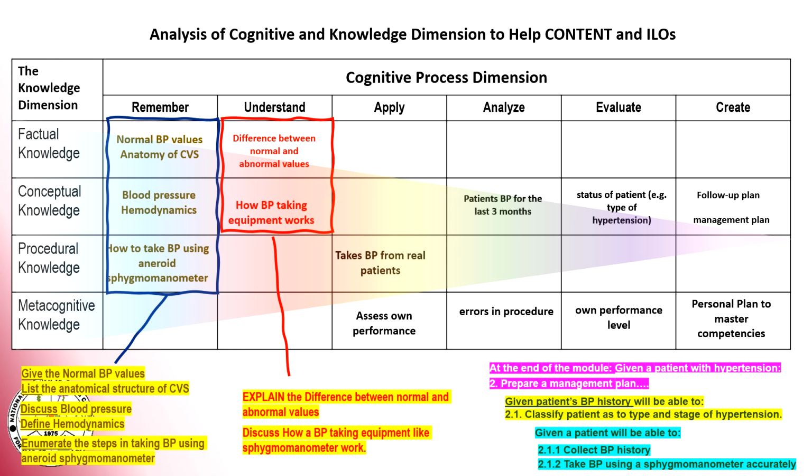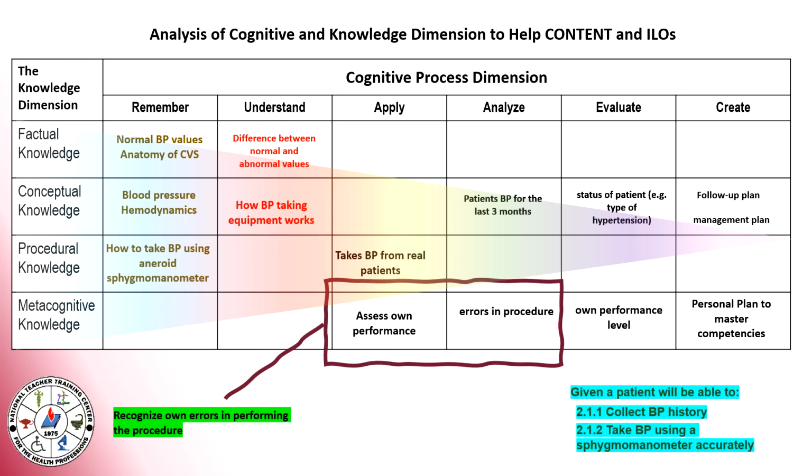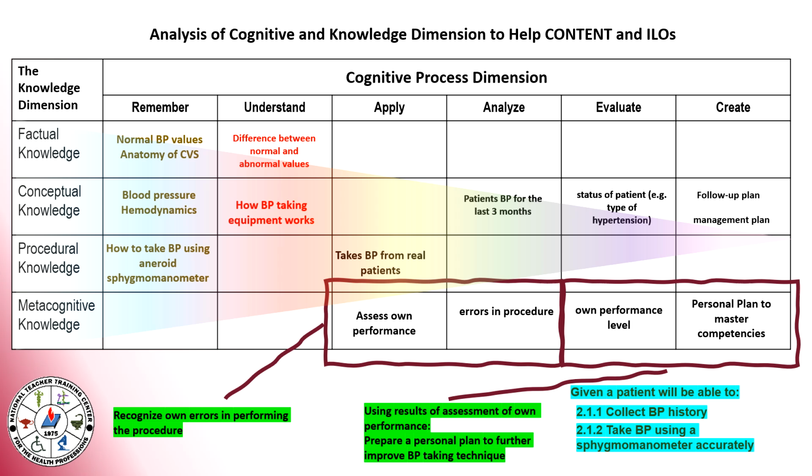So as I said earlier, you would have produced already about 30 or 10 outcomes from this one. As I said, you can also add metacognitive outcomes, like the student will be able to recognize own errors in performing the procedure. You know that if they know how, then they should be able to assess themselves. And then they can make the necessary individual plan to further improve their procedures.